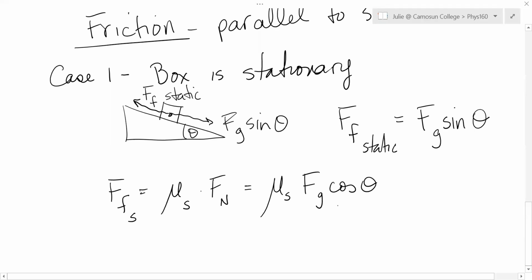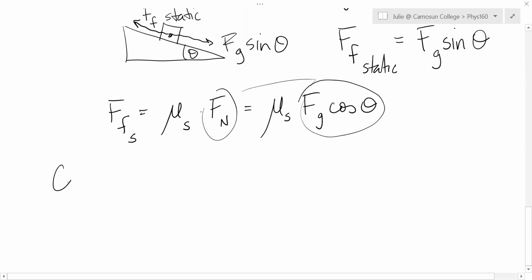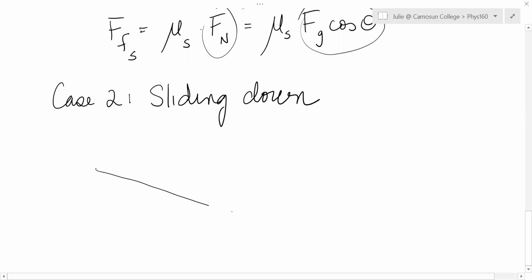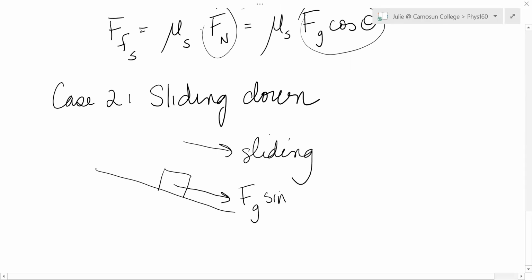Okay, so if you wanted to draw those two, well, we've already done that. We know what Fn is. Fn is this Fg cos theta. Okay, so that's if it's stationary. Case two, it's sliding down. Okay, so now if it's sliding, then gravity is always the same, Fg sine theta down the incline.